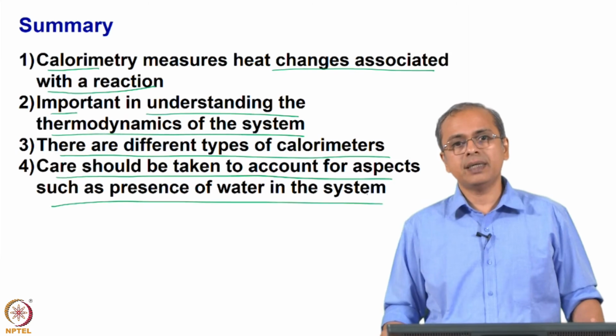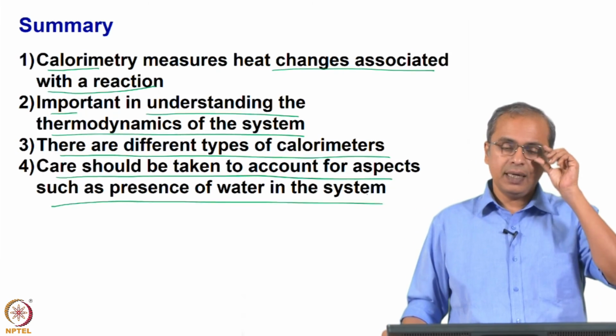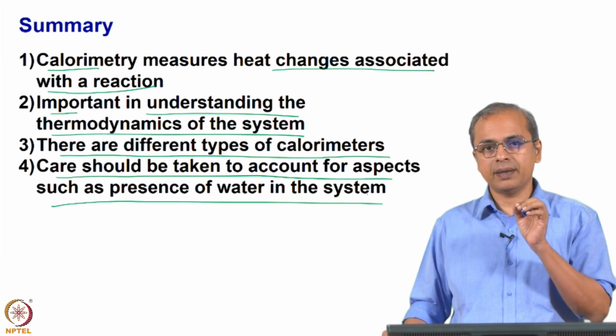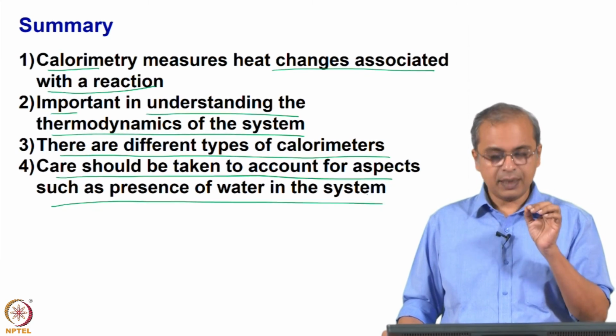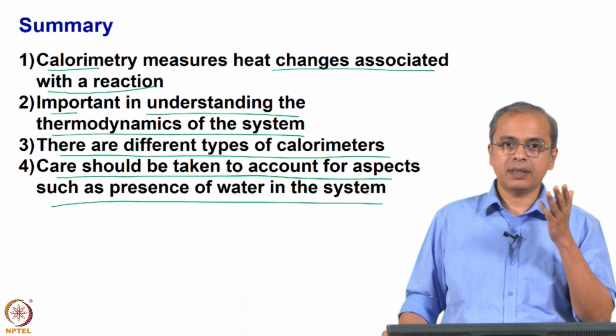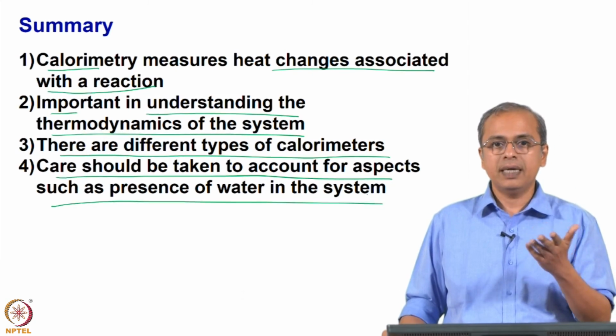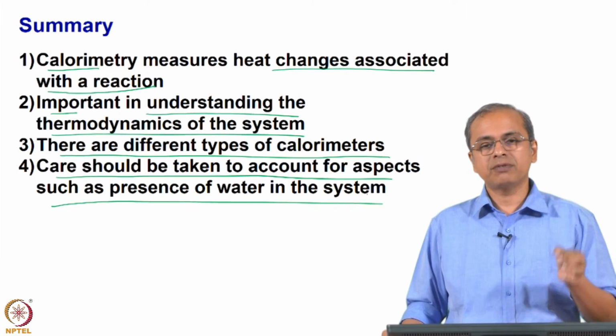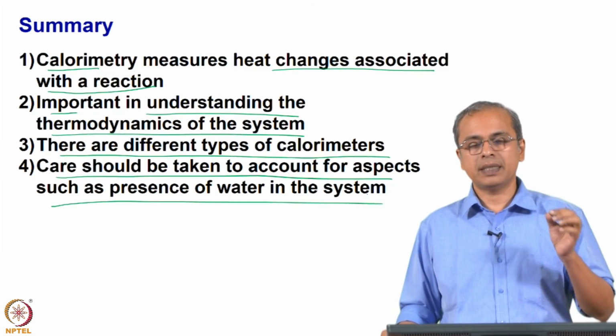Care should be taken to account for aspects such as the presence of water in the system. This is very important, particularly when you go to the nanoscale. You have to be careful and alert to things that may adhere to the materials that you are working with. You may be thinking that you are working with, let us say, zirconia, but it may not be only zirconia. You may have some water associated with it.